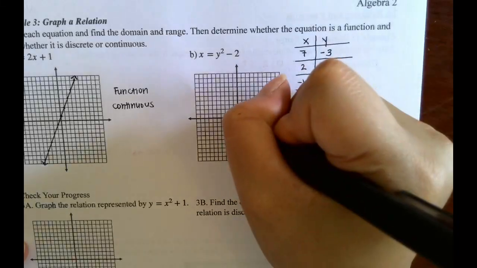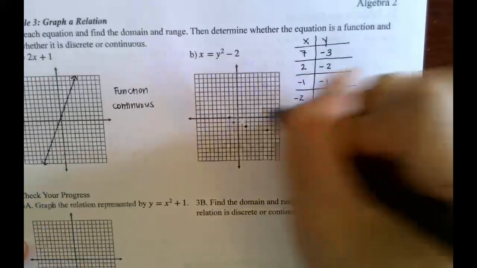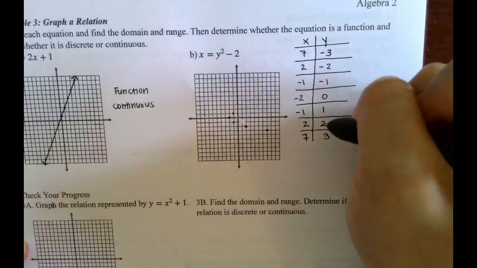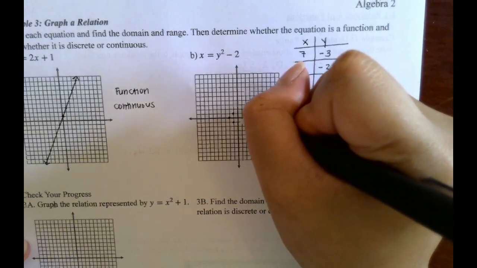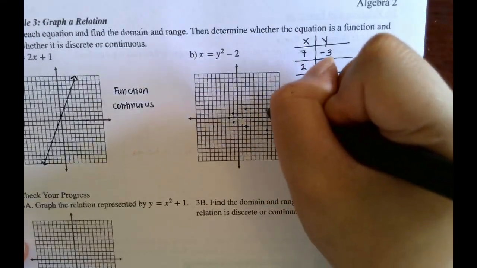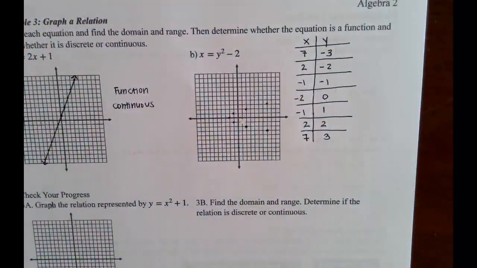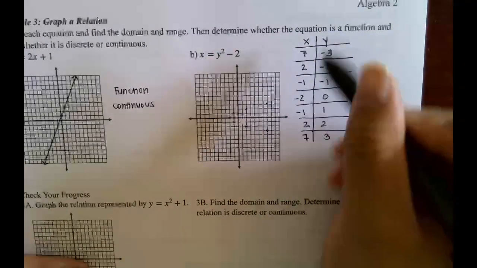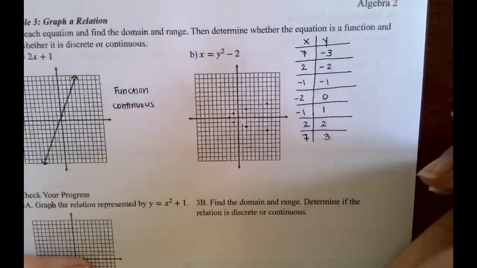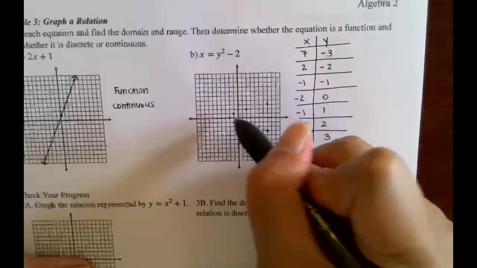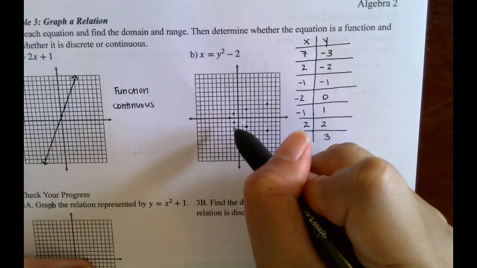Next is -2, 0, that's here. Then I have -1, 1, that's here. 2, 2, that's here. And then 7, 3 is here. Okay. And technically I could have plugged in decimals and stuff as well, but because that would have made my life harder, I'm not going to, but I can imagine so.